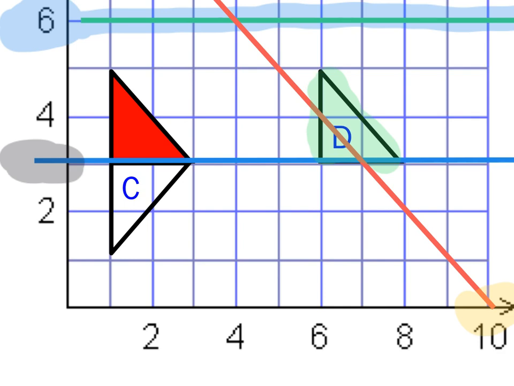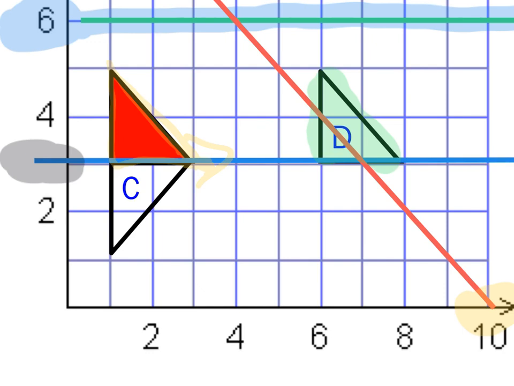Because the triangle is only changing position horizontally, there's going to have to be a vertical line. And what we can see is the red triangle points to the right.